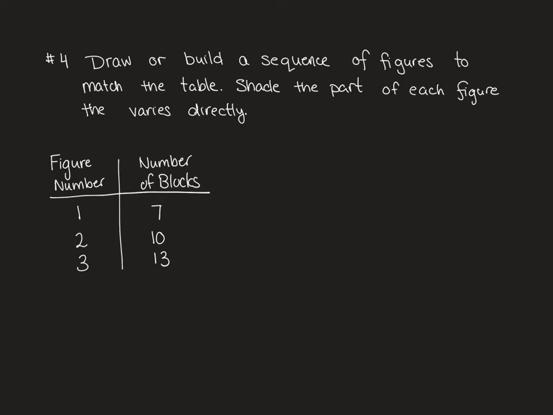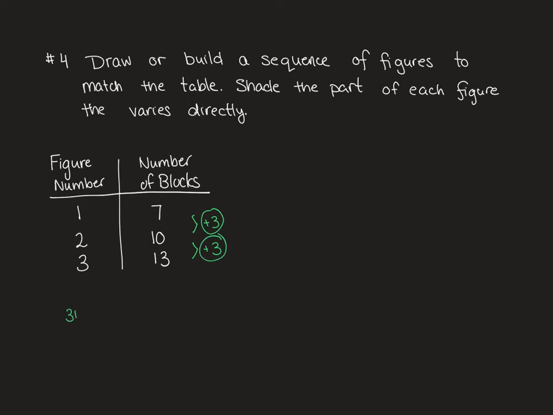So the first thing that we want to look at is how much does our sequence go up by each time. So to get from 7 to 10, we add 3. And to get from 10 to 13, we add 3. Now, when you are dealing with a formula, this gap is the number you multiply by.